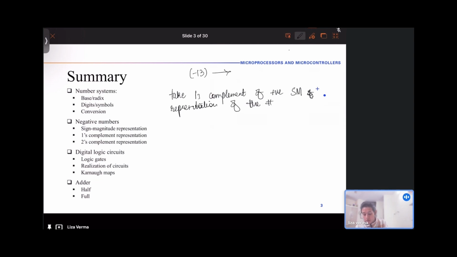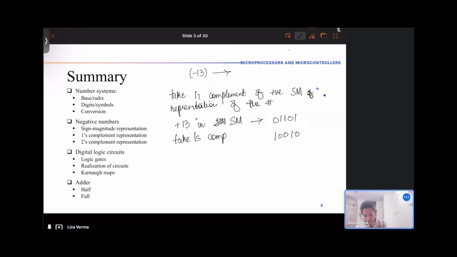If I want to represent minus 13, I'll represent first plus 13 in signed magnitude, which will be 0, 1, 1, 0, 1, right? And you take 1's complement of this number. So that will be 1, 0, 0, 1, 0.